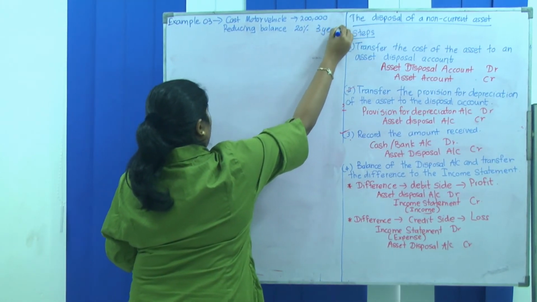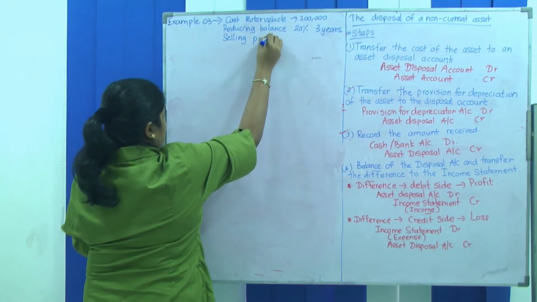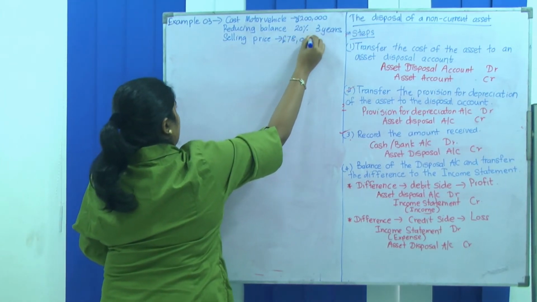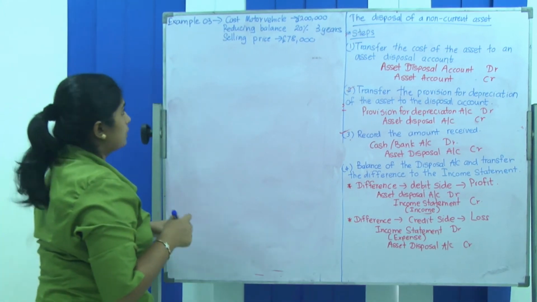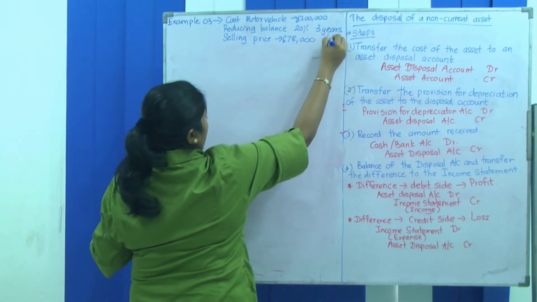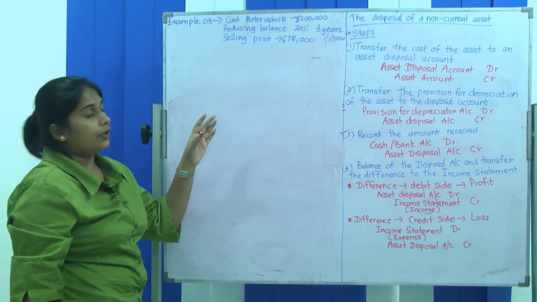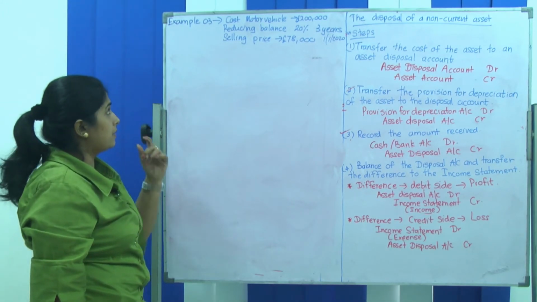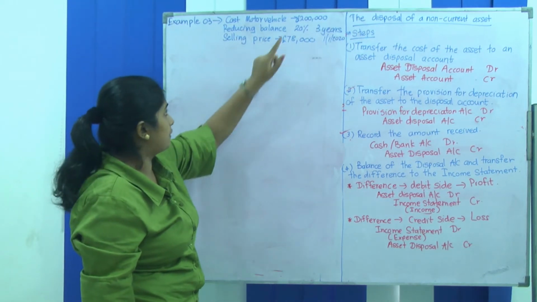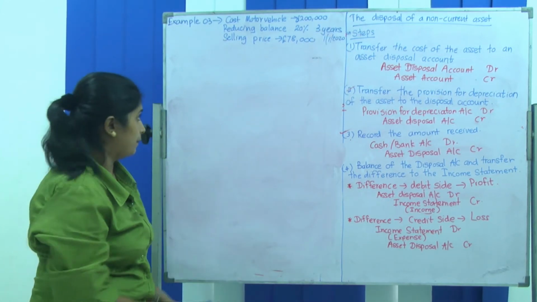After using it for 3 years, you are selling it, the selling price, or you are selling it for 78,000 pounds. Okay, so you are selling it on, we'll assume, 1st of January 2020. So a motor vehicle which you bought for 200,000 and the business is using it for 3 years, and they are using the reducing balance 20%, and after using it for 3 years they are going to sell it for 78,000.